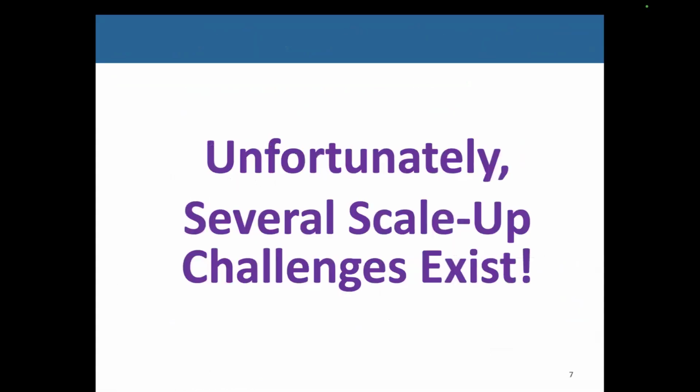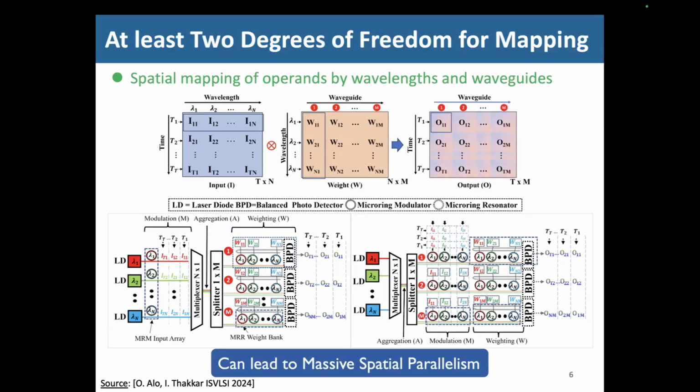But all is not hunky-dory, right? Unfortunately, there are challenges, especially the scale-up challenges, right? So how do we scale? How do we have more and more parallelism, right? When I say parallelism, I'm really talking about, if you look at this, there are M weighting banks, and each waveguide, or each weighting bank, is able to process n optical signals, right?